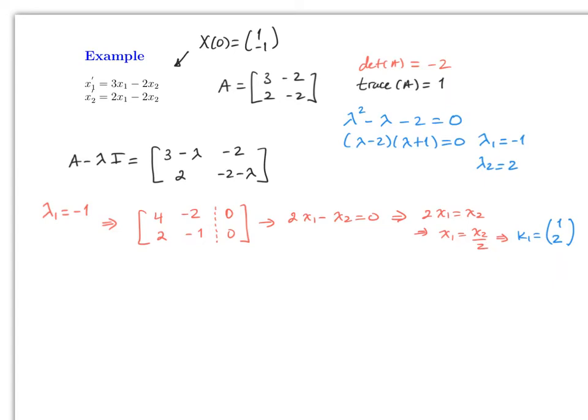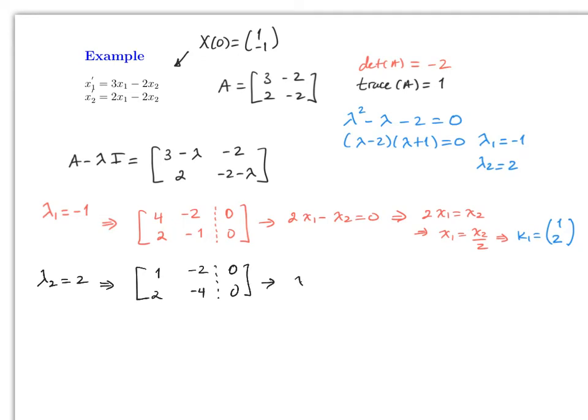All right, let's do the same thing for lambda equal to 2. So in this case, this one becomes 1, minus 2, minus 4, 2. And remember, you're trying to solve this equal to 0.